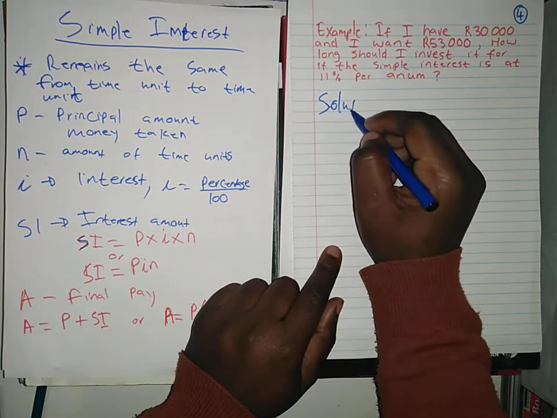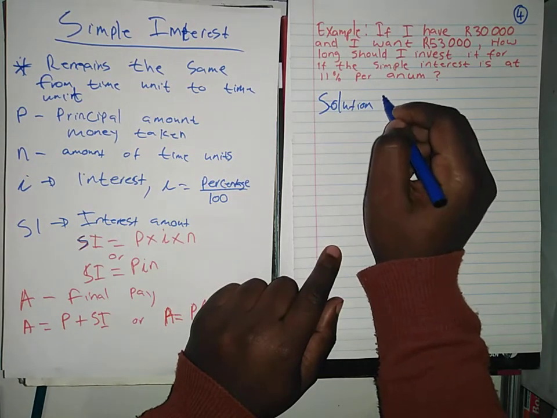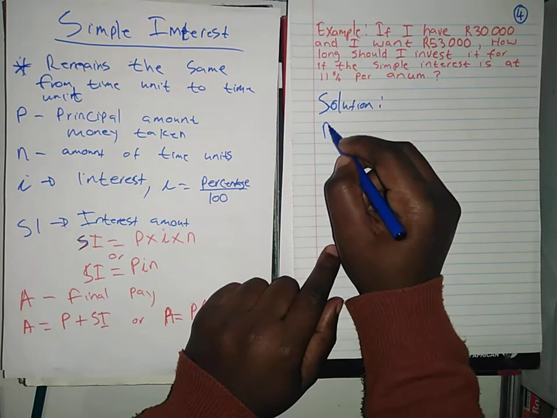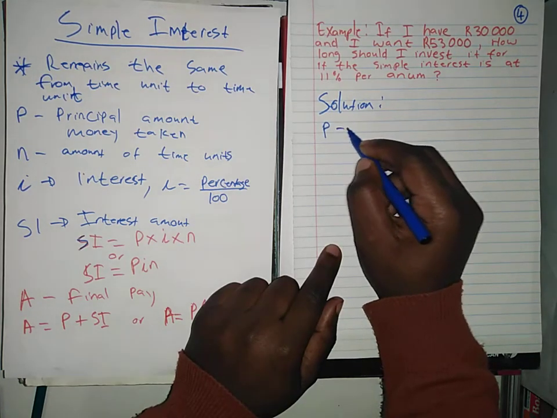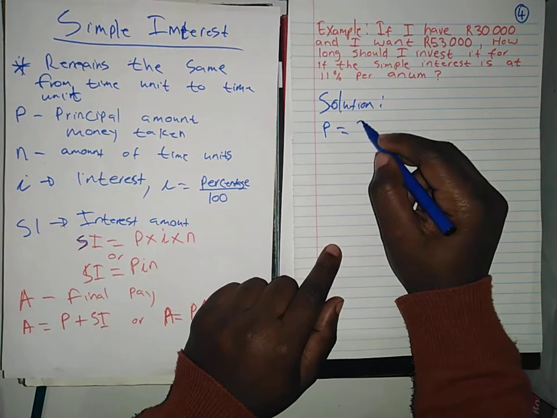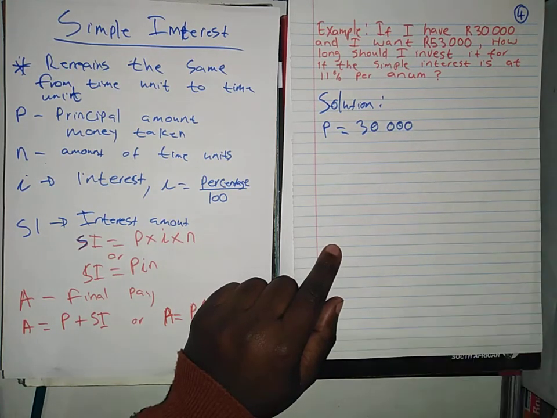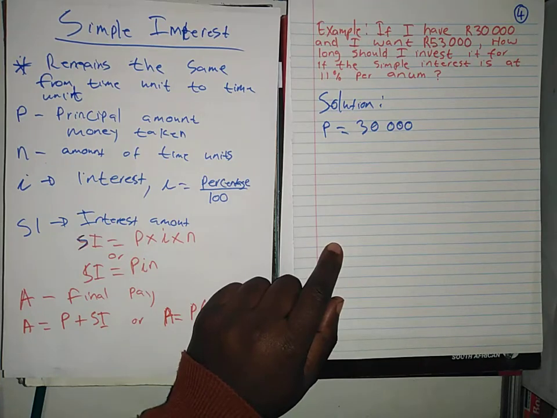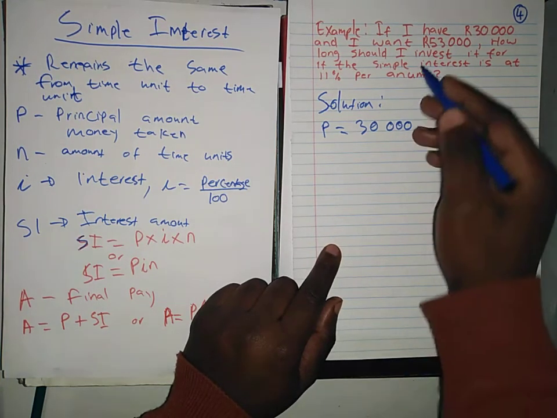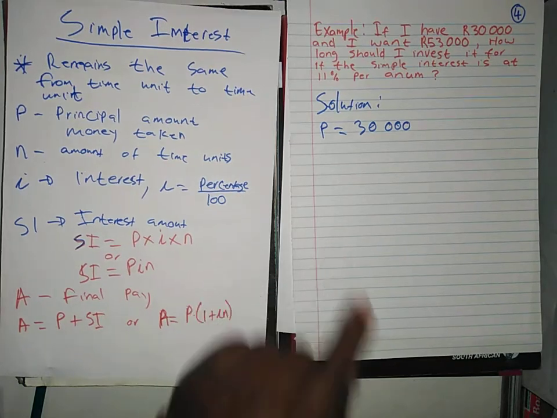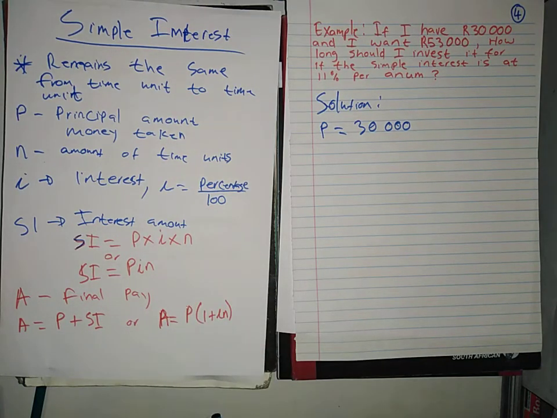Solution. You have 30,000 rand, so that is the capital or principal amount. Principal amount is 30,000 rand. Now you want 53,000 rand at the end, so the money that you have plus whatever interest you're going to get must come back to 53,000 rand.